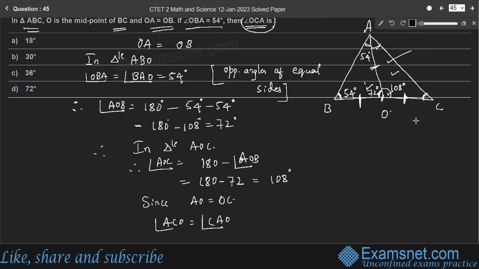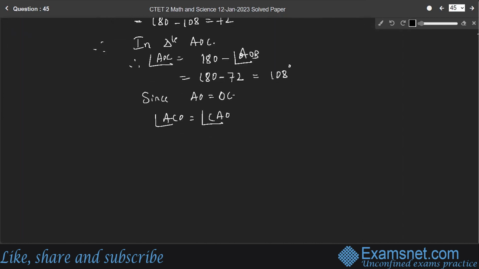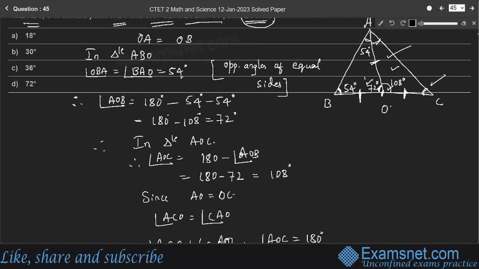To find ACO, angle ACO plus angle CAO, or OAC, plus one more angle, which is AOC, is equal to 180 degrees. These are the three interior angles in the second triangle.